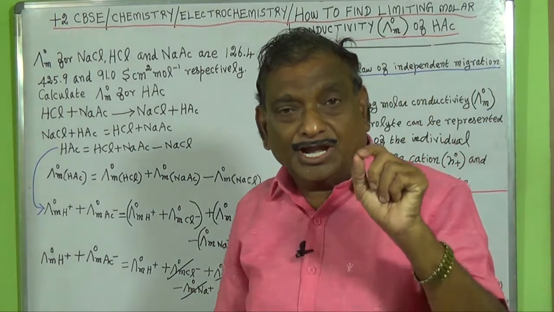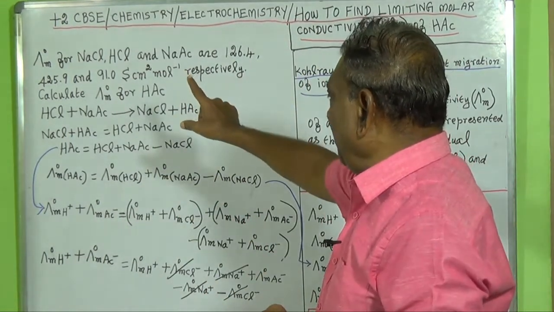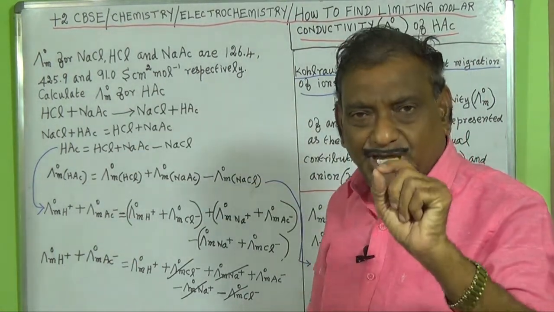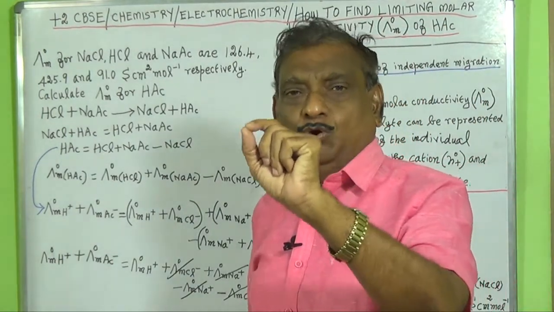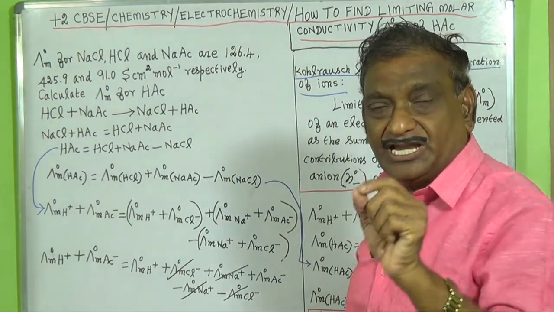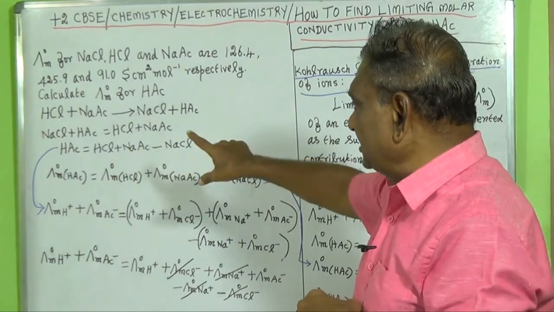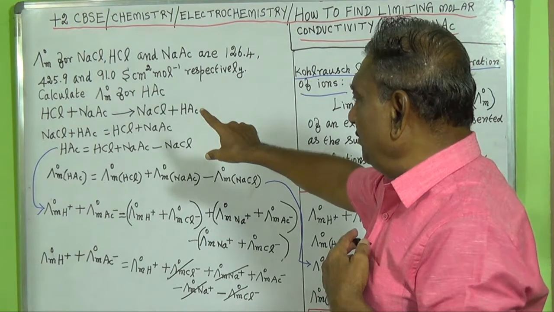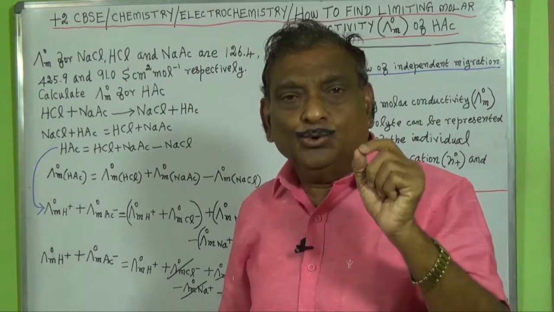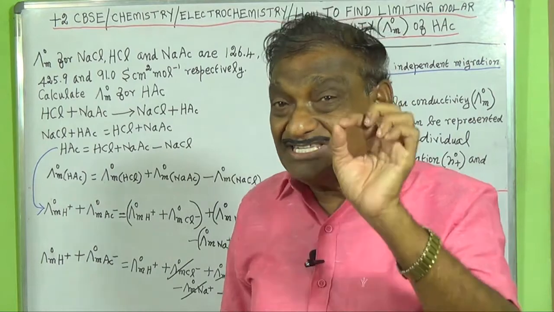The limiting molar conductivity, lambda m naught, of hydrogen chloride is given as 425.9 Siemens centimeter square per mole, and that of sodium acetate is given as 91.0 Siemens centimeter square per mole. They are asking to calculate the limiting molar conductivity of hydrogen acetate.